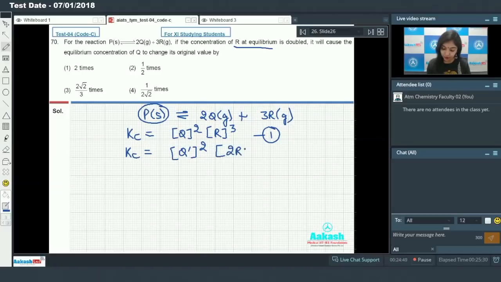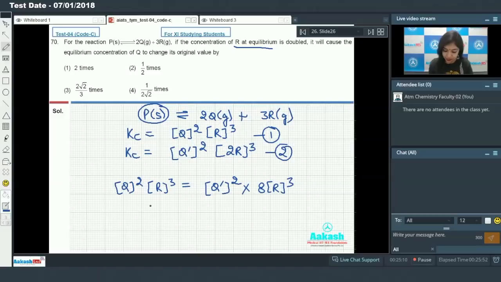So Q dash we have to find out, and the new concentration of R is doubled, so it will be equal to 2R. So you can equate the first and second equation because Kc is the same. So this will be Q square into R cube, which is equal to Q dash square, Q dash we have to find out, into 8R cube.